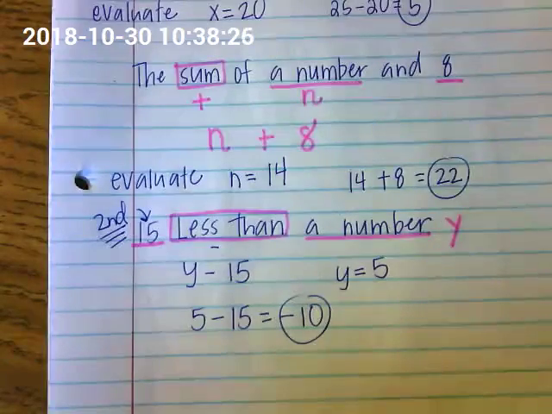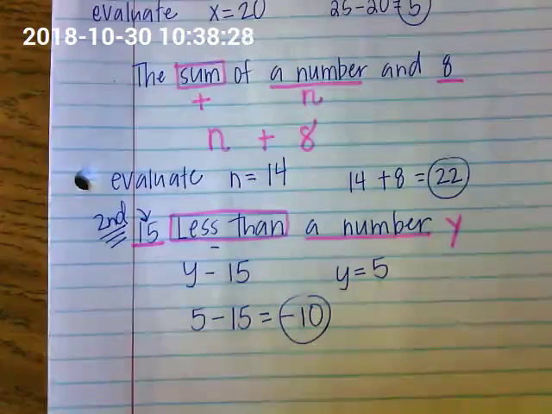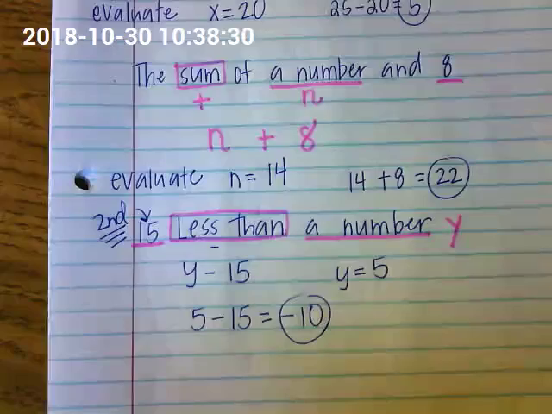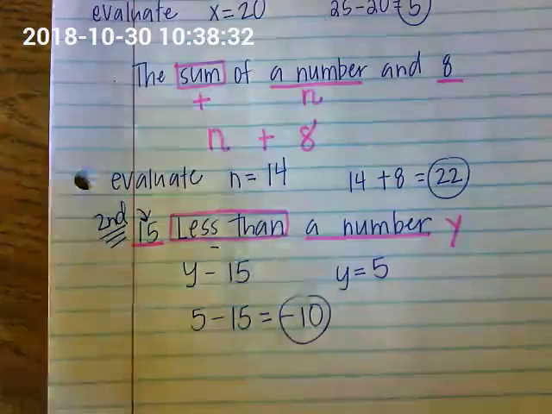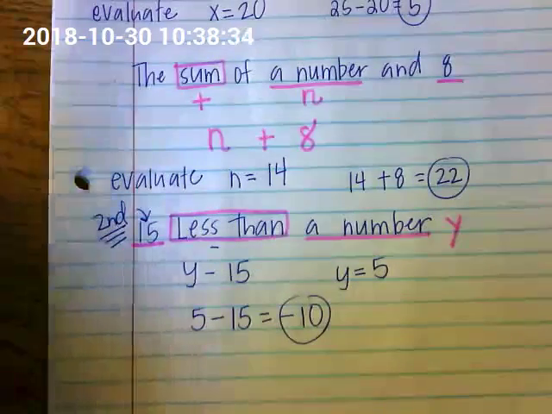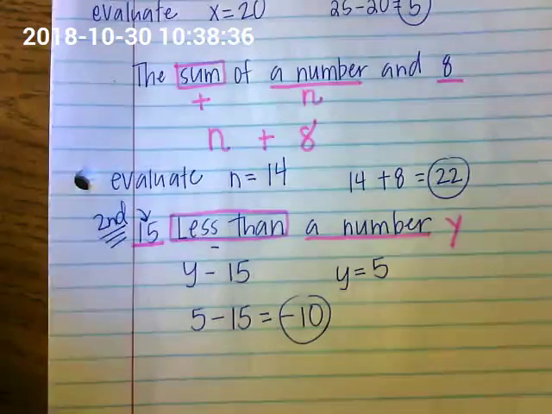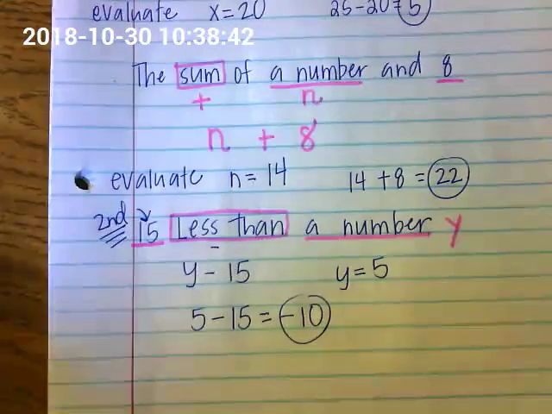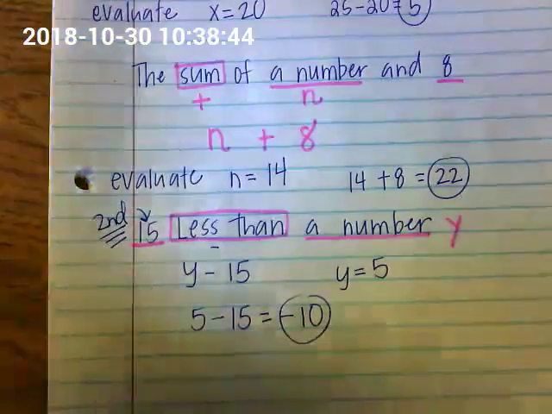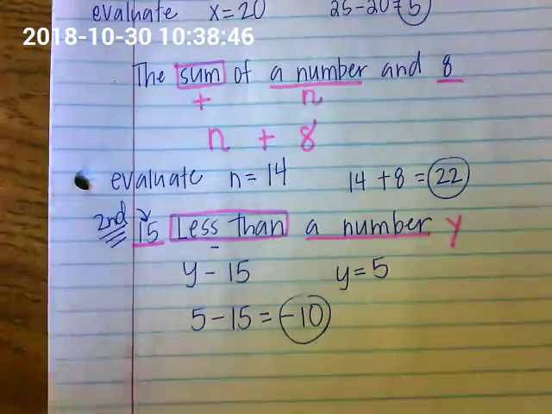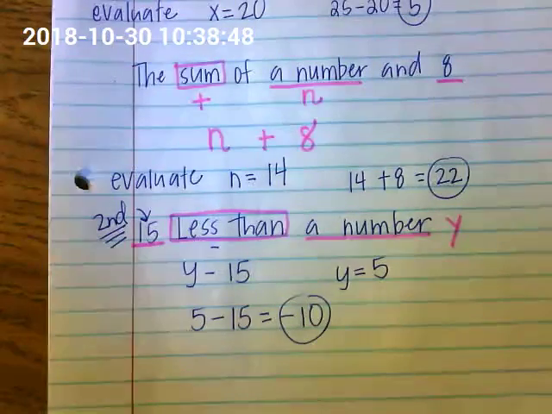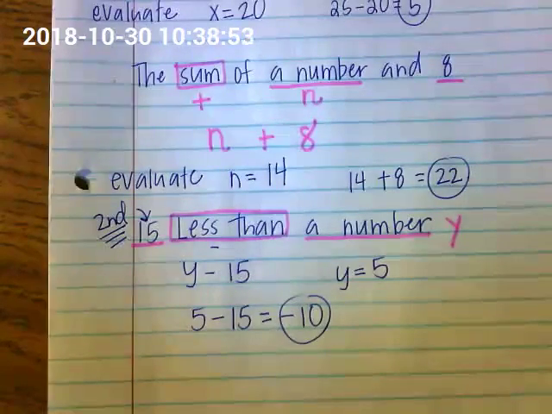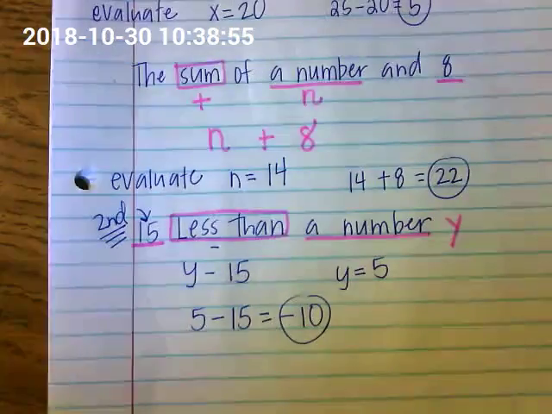Yes, Kalash? When y has to be greater than 15, because it says 15 is less than, they're saying 15 less than a number. So a negative 10 is less than 15, right?